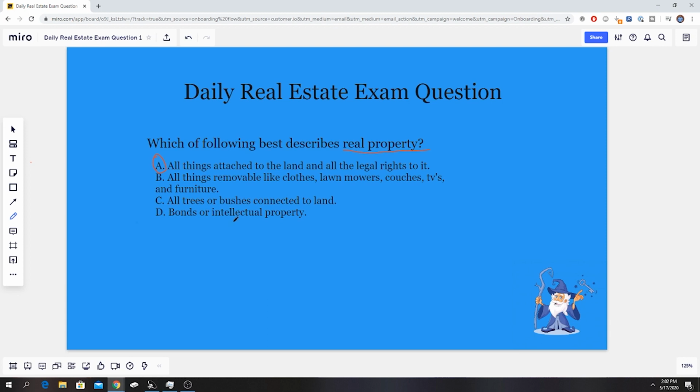Of course, intellectual property could be connected to a business where it could be real property, but again, it's not specific enough. It doesn't say intellectual property for a business. That's not an option here. So we have to choose the one that's best describing, and that, of course, is option A. It's all things attached to the land and all the legal rights to it.